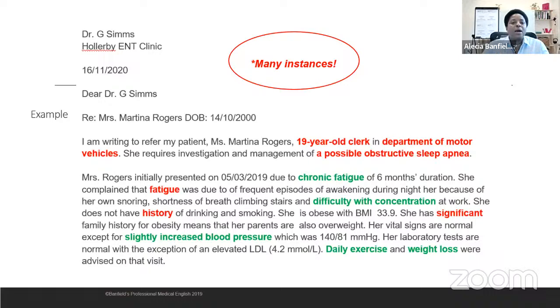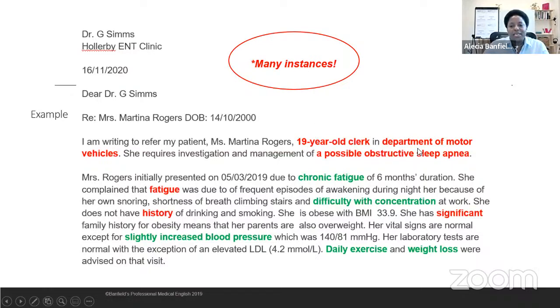Because we come across this in OET writing, as well as in OET speaking, in our candidates time and time again. And here I have just a little example of the kind of thing we would see in a letter.